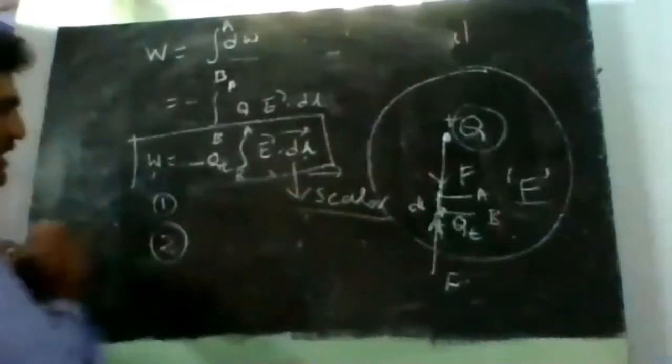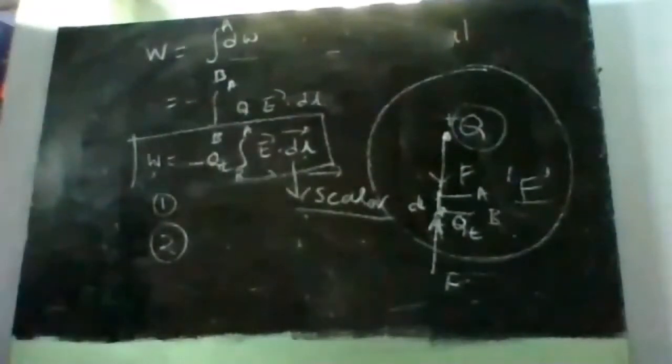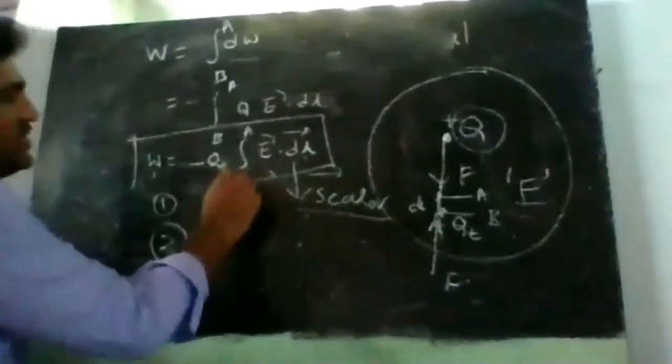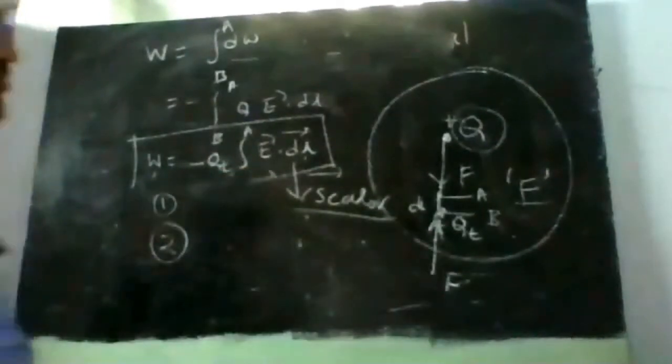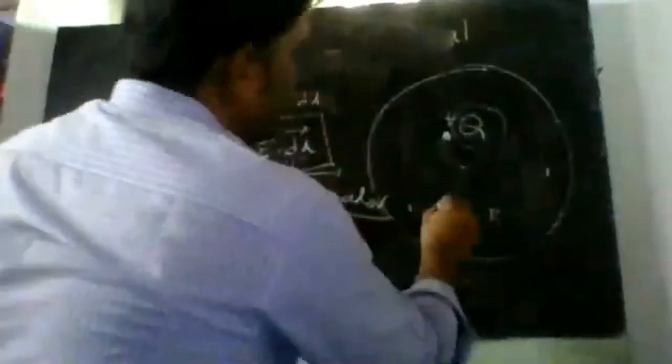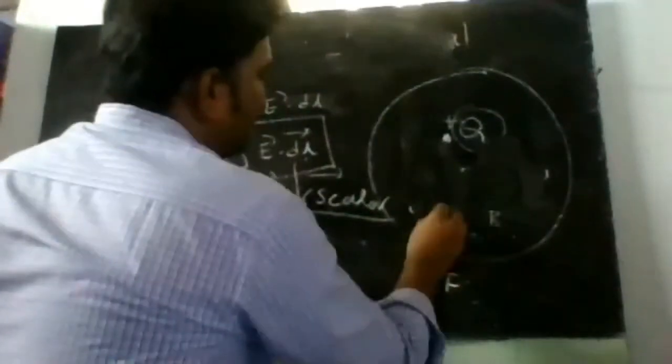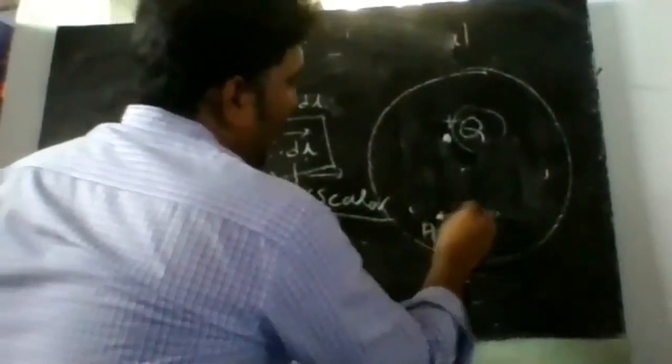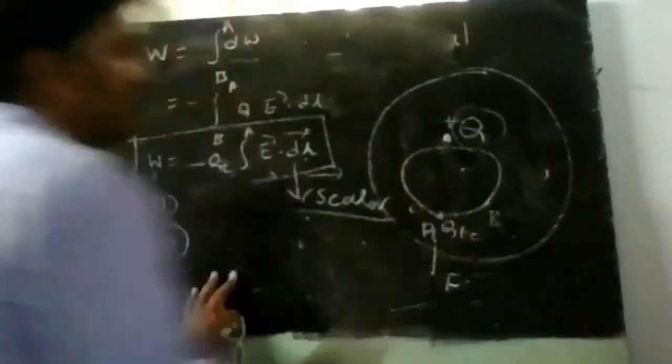The second point that we have to remember is this. If I move this charged particle, let's say there is a test charge qt, and this is my starting point. I move it like this and I again come back to this point.